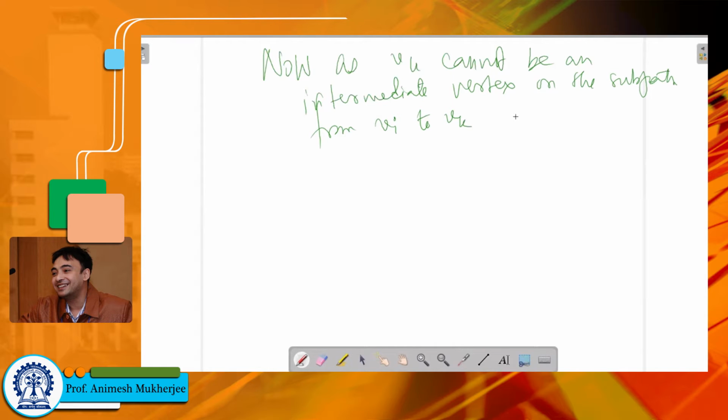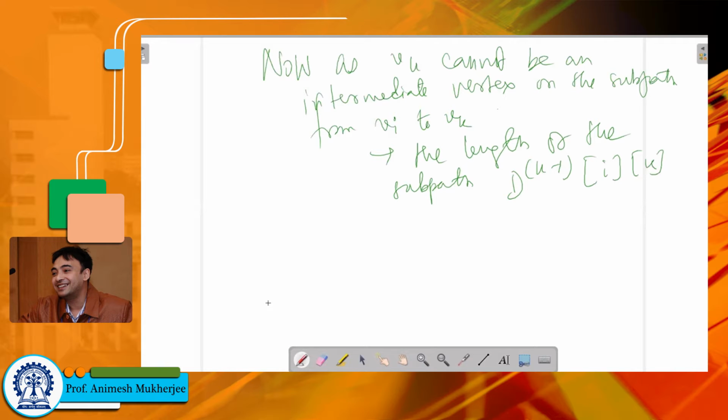So this means that the subpath's length should be Ik.